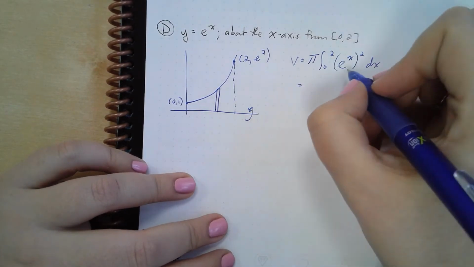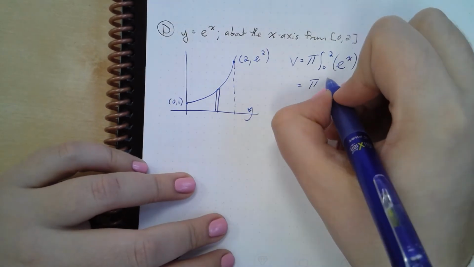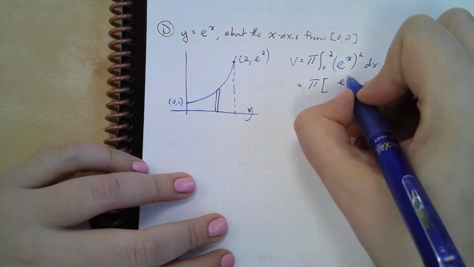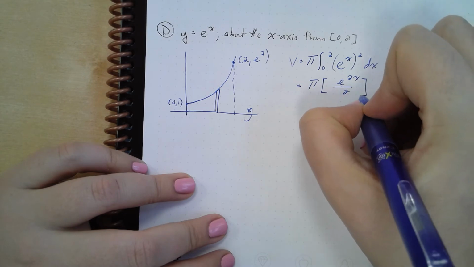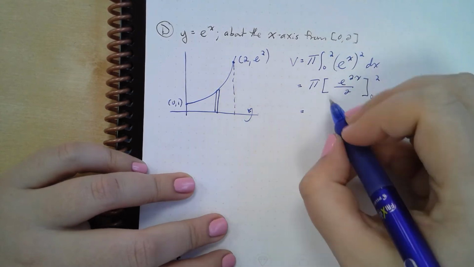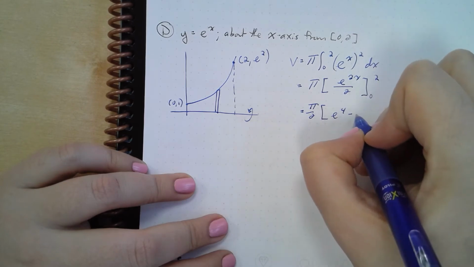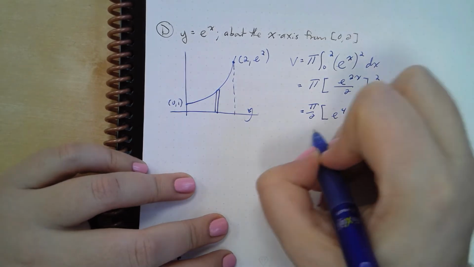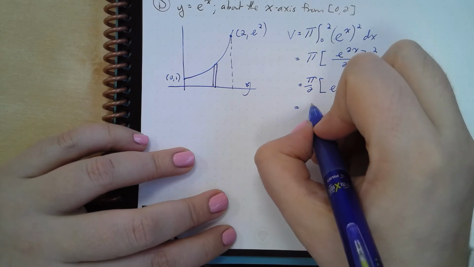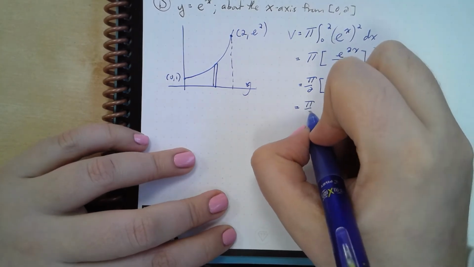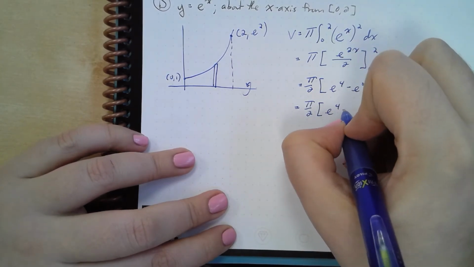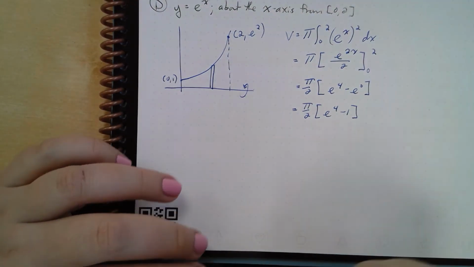So that's going to be equal to pi times e to the 2x over 2, evaluated from 0 to 2, which is pi over 2 times e to the 4th minus e to the 0, which of course is 1. So we have pi over 2 times e to the 4th minus 1. And you can probably just leave it like that.